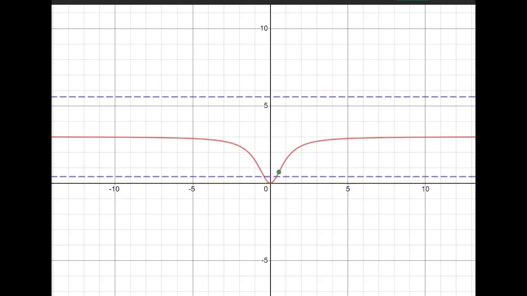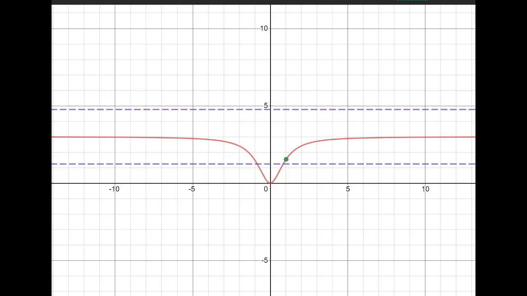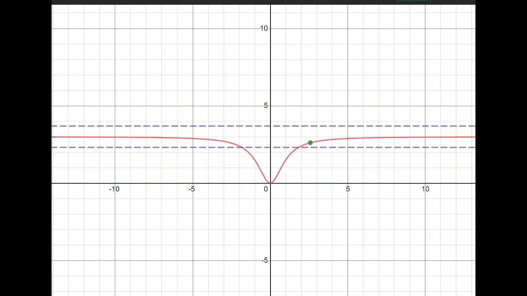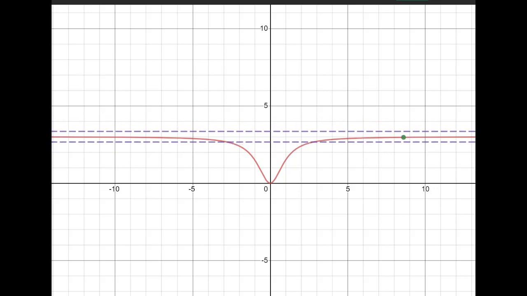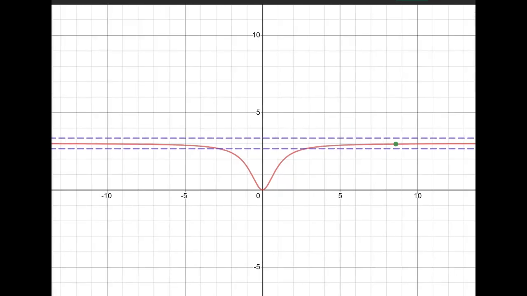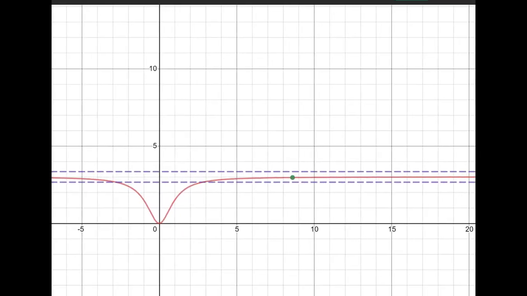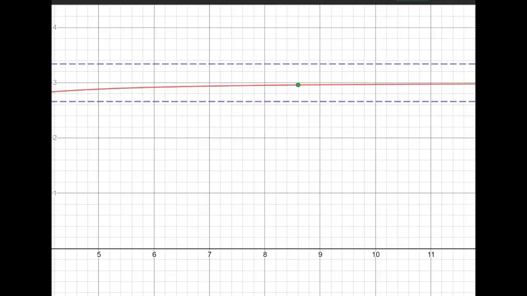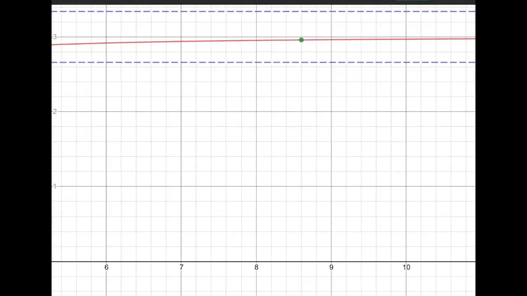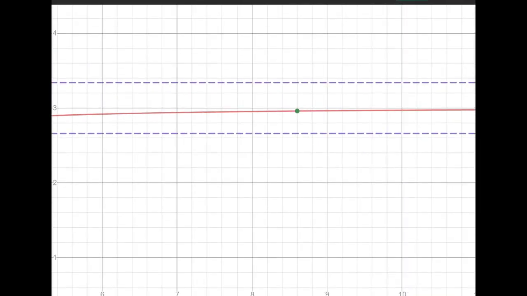As I make my epsilon smaller and smaller around the limit 3, notice how that point is moving to the right, so as x is going to infinity, I can always find some point m on the x-axis such that every f of x is in that neighborhood between the dashed lines for all x greater than that m.